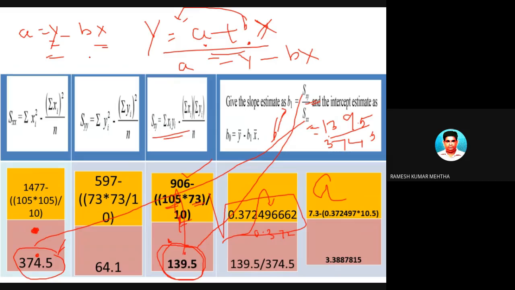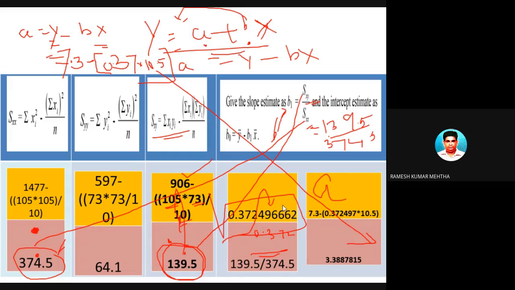So y, I told you, is 7.3, minus b. B just now we have found out is 0.372, into x bar. X bar, the average of all the observations of x, is equal to 10.5. If you calculate 7.3 minus 0.372 into 10.5, you will get the constant value, which is 3.388.